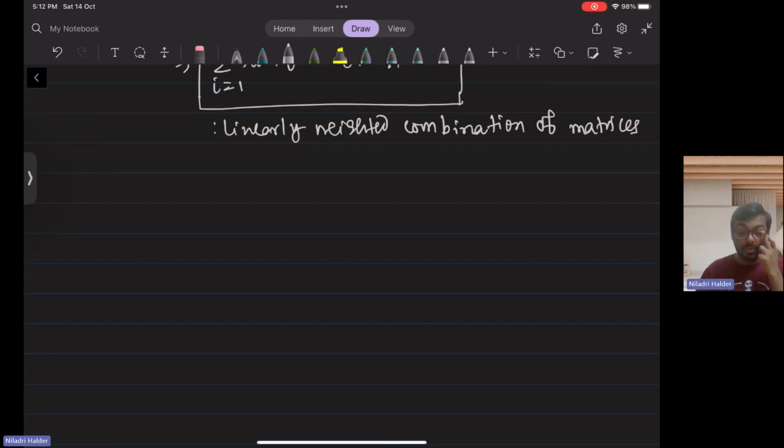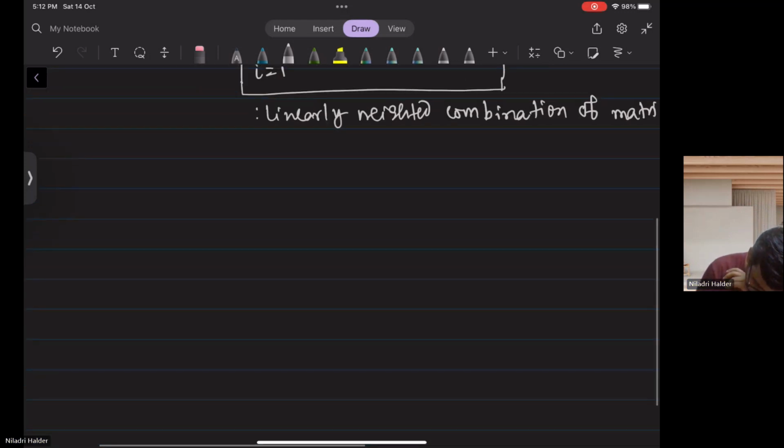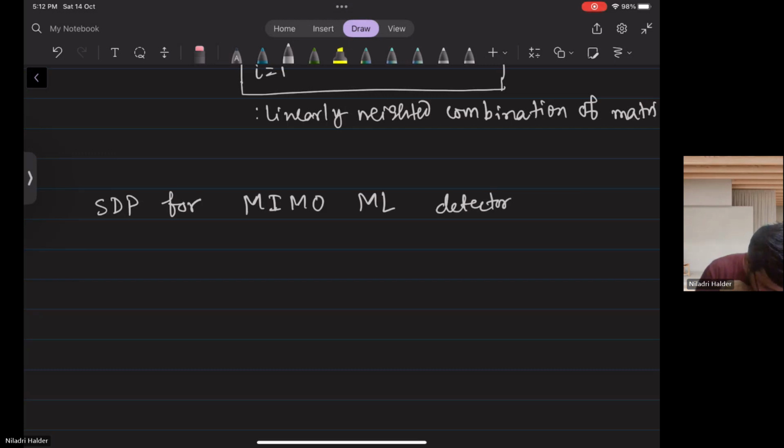So now, how to solve the SDP problem? There will be some SDP relaxation so that we can reduce the complexity of solving the optimization problem. So here one example is the SDP problem for a detector.